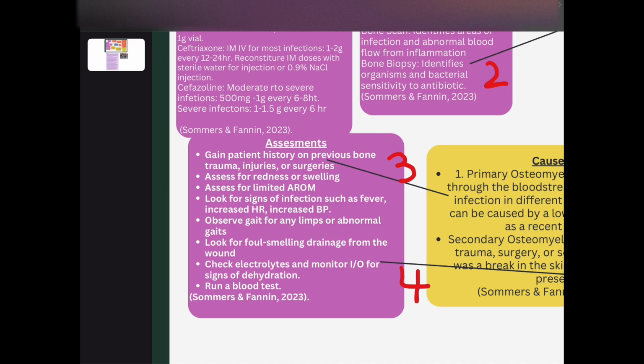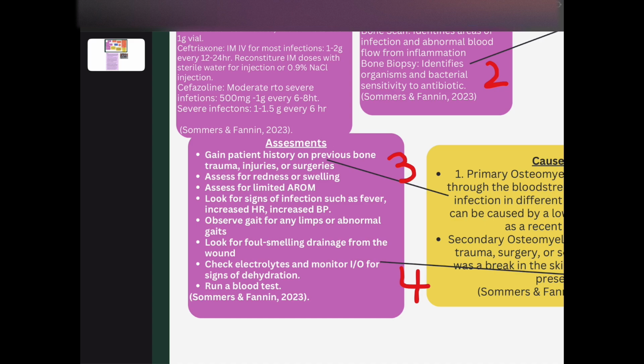We want to check electrolytes and monitor I's and O's for signs of dehydration. Of course, with this fever and this wound drainage happening, we're losing a lot of fluid from the body. And if surgery is needed, we're also going to be losing fluid from blood loss.